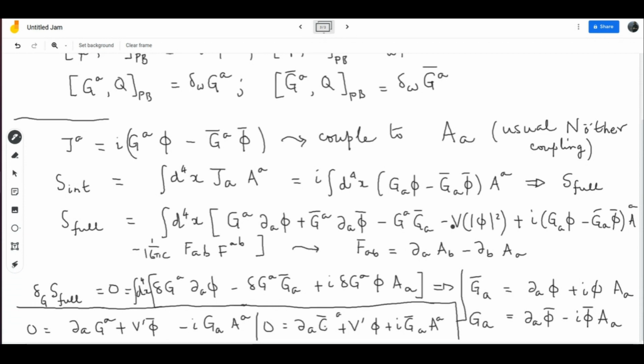That's what I would want to do. Is that clear, what I'm trying to do? I've obtained G and G bar expressions using the variation of the full action with respect to them. And having obtained this, I want to plug them back into the action. So let's go to the next page.